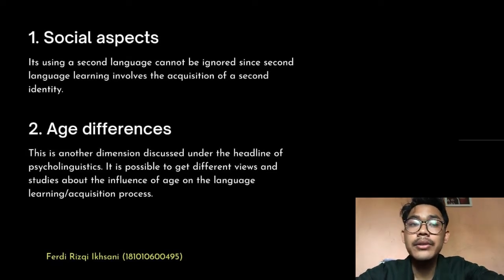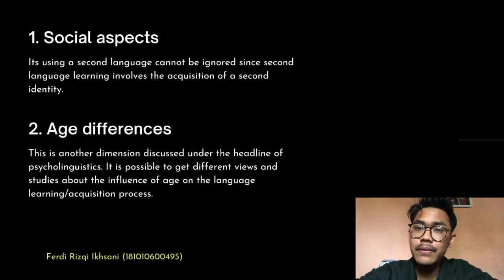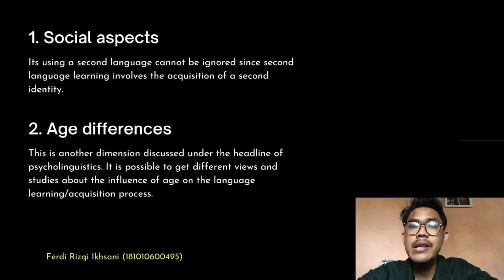Okay, we go to the second factor, which is age differences. This is another dimension discussed under the headline of psycholinguistics. So I have the material for this factor. This is the age of the learner. The age of the learner plays an important role in the ability to develop mastery of a new language.